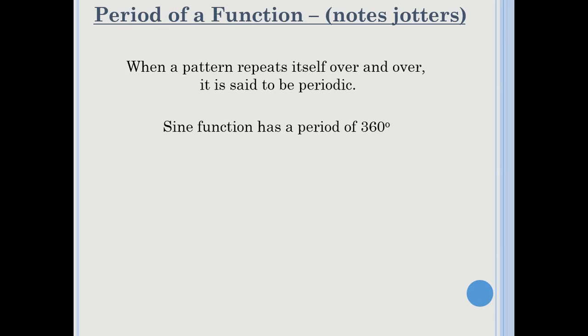Next thing we want to look at is the repeating nature of the graphs. And what we say is when a pattern repeats itself over and over, it's said to be periodic. Our sine graph, our sine function, has a period of 360, which means that when we get to x equals 360, the graph starts to repeat itself.